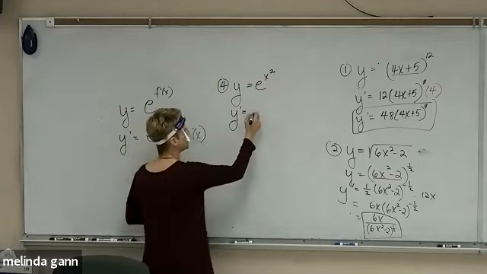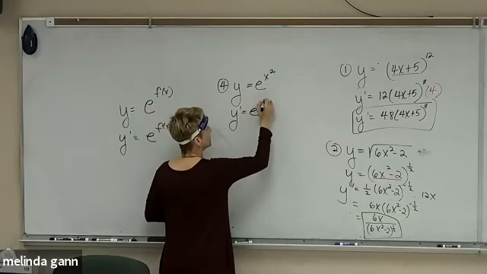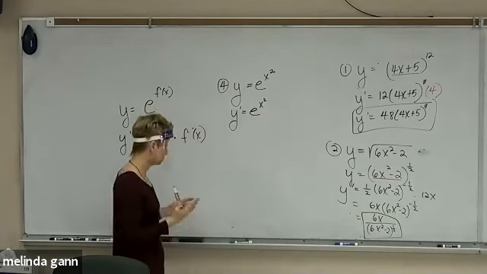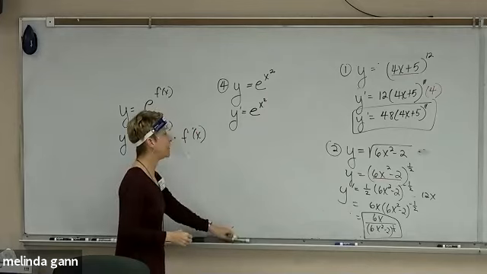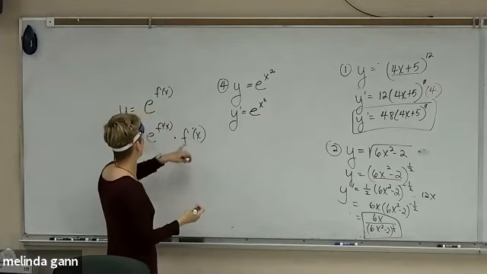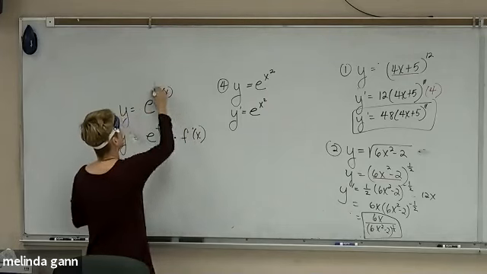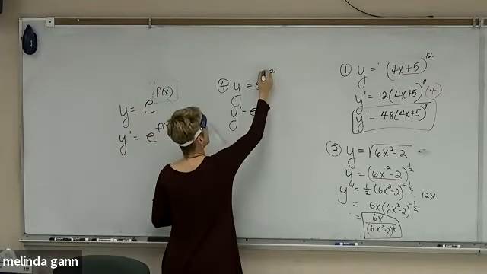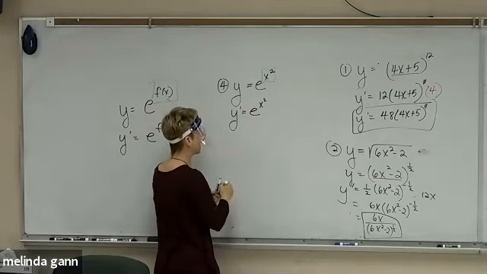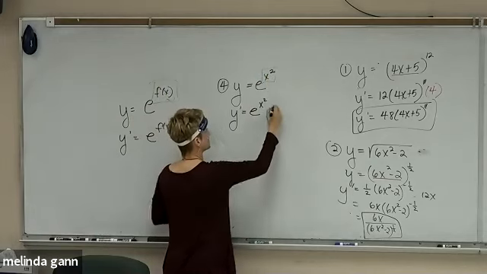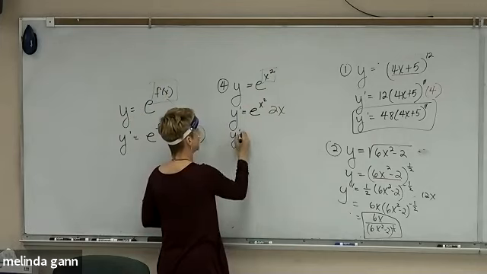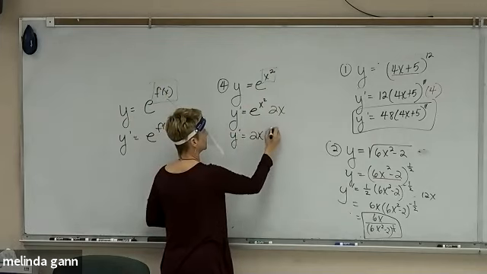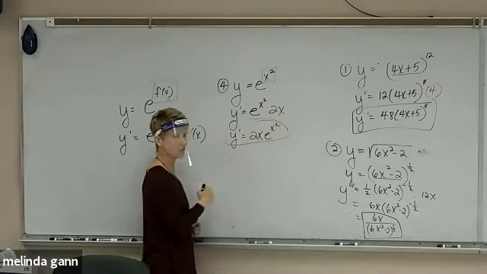So I write down e to the what? x squared. Now, what's my one extra step? I've got to take the derivative of this power. Does everybody see that? What's the derivative of that power? 2x. Isn't that what we got with the chain rule? But faster.